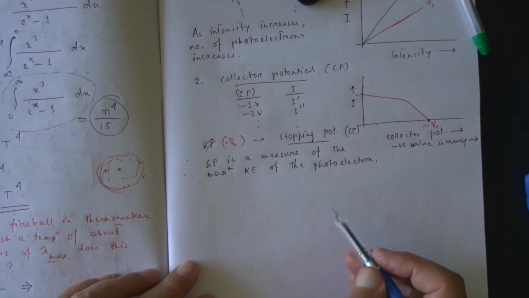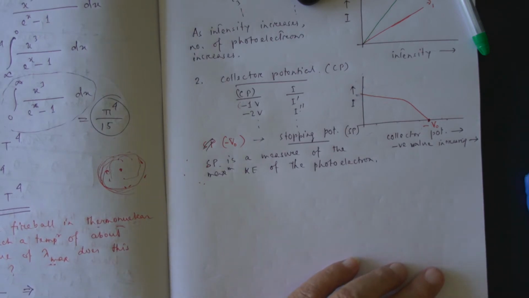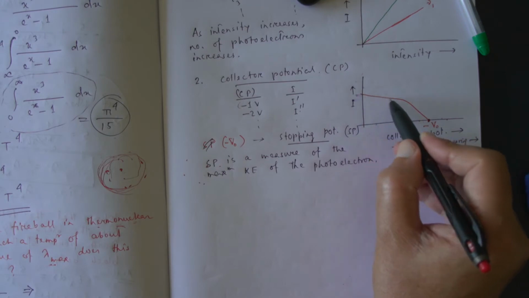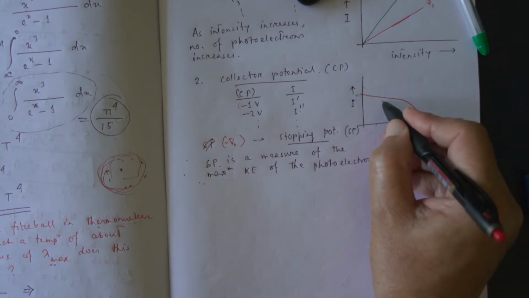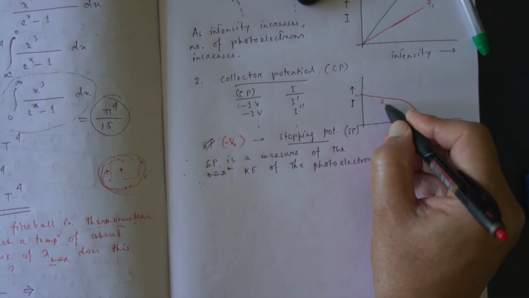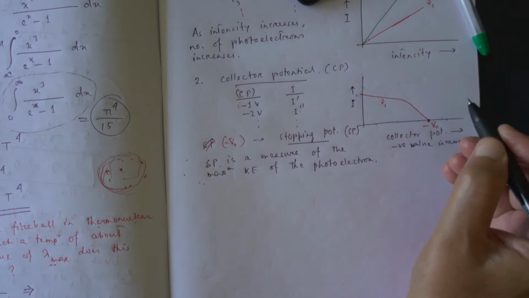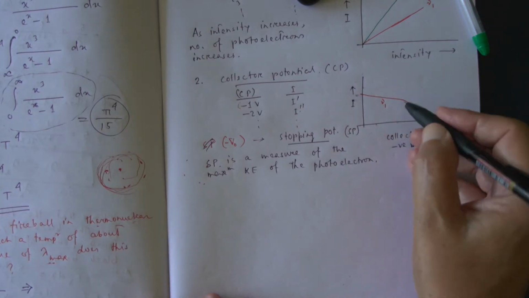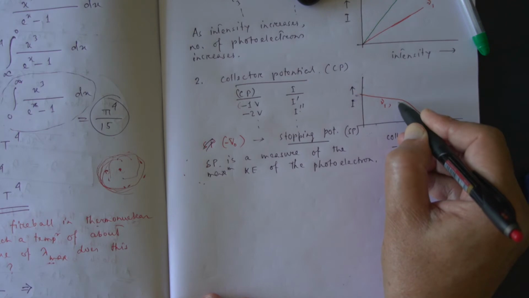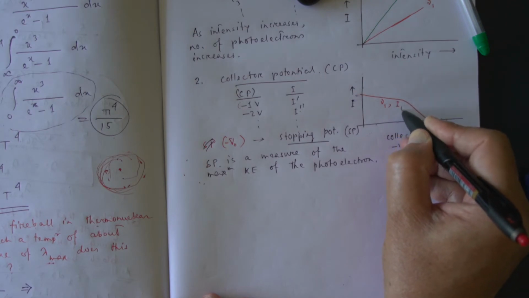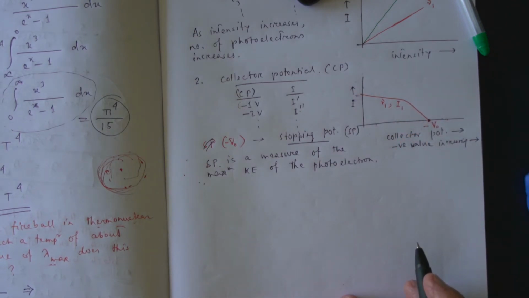Okay, so this graph is obtained with frequency nu 1 and intensity I1, when the intensity of the radiation is I1.